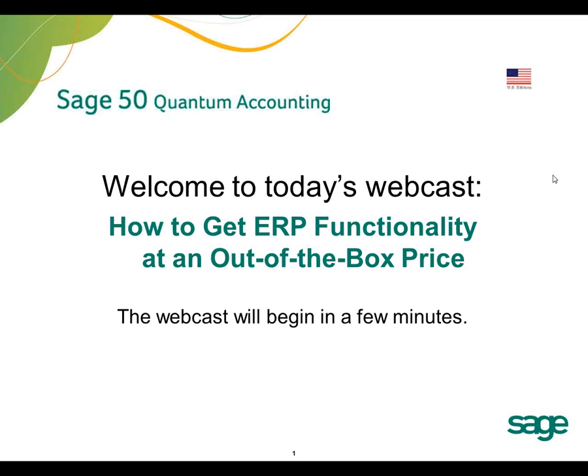I'll be taking you through a short presentation today titled How to Get ERP Functionality at an Out-of-the-Box Price. What I'd like to show you is how Sage 50 Quantum can meet your needs if you are presently using an ERP level system or enterprise level system and you're considering migrating down to a smaller integrated out-of-the-box system like Sage 50 Quantum.